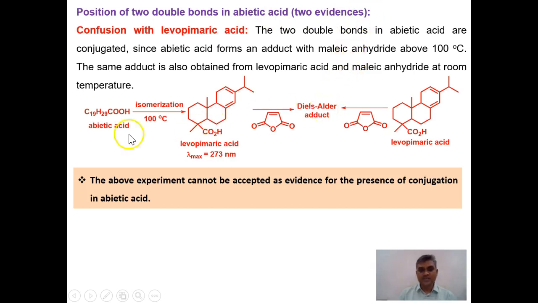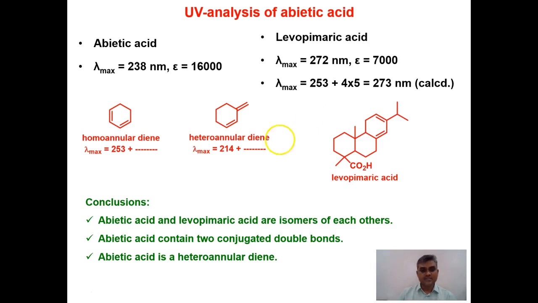But it is observed that abietic acid undergoes isomerization to levopimaric acid, and this actually participates in the reaction. That's why the Diels-Alder product is identical in both cases. So this experiment is not convincing, and it cannot be accepted as evidence for the presence of conjugation in abietic acid. The second evidence about conjugation in abietic acid comes from UV analysis.